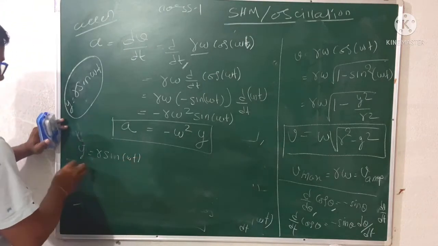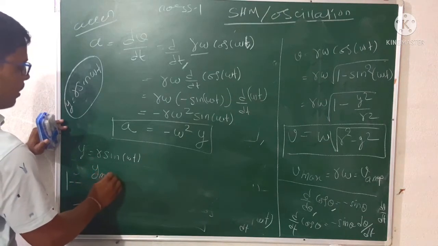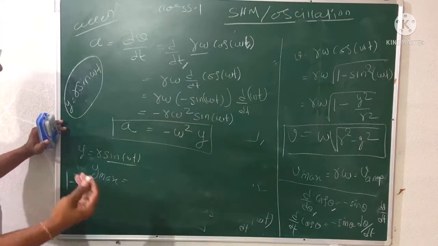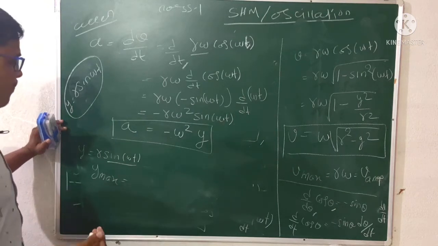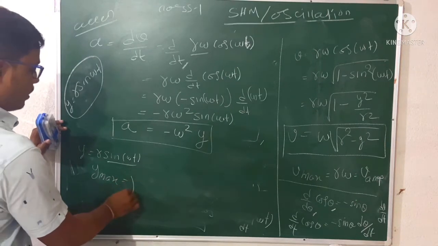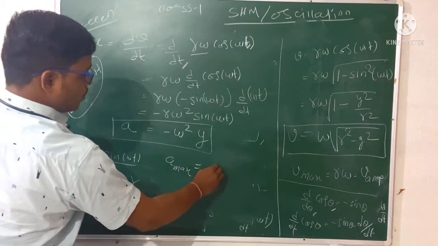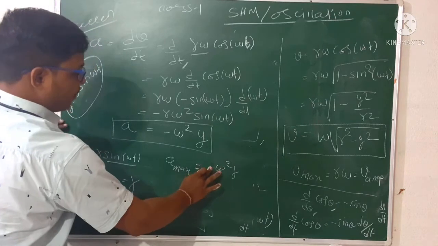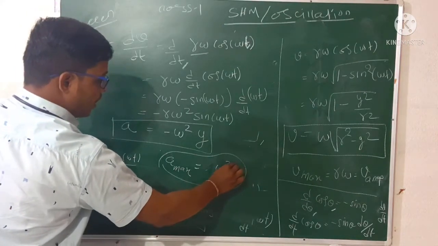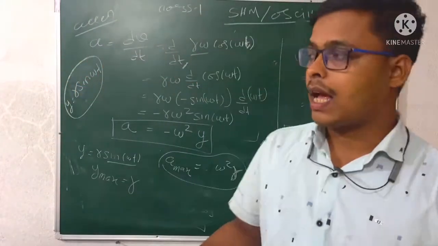Ten minutes ago we discussed this position, y equal to r sine omega t. The maximum value of sine is 1, because we have studied in range that the value of sine lies between minus 1 and 1. So y maximum is r. Therefore, what will be the maximum amplitude? This will be minus omega square r. That means at maximum, the minus sign will not be there. So that is the value of acceleration maximum, r omega square. So the maximum value of acceleration amplitude is r omega square.